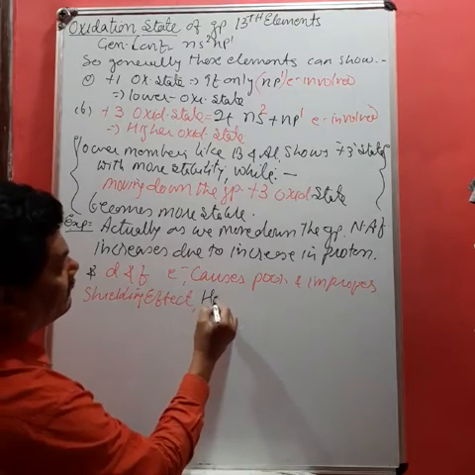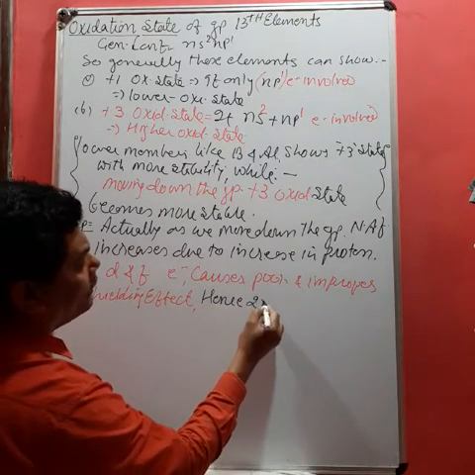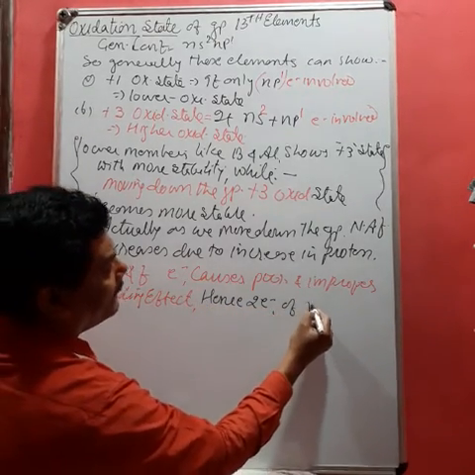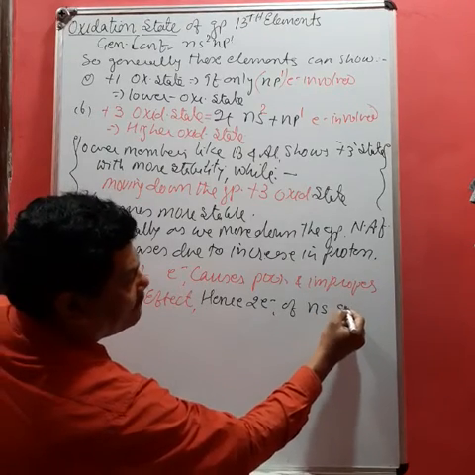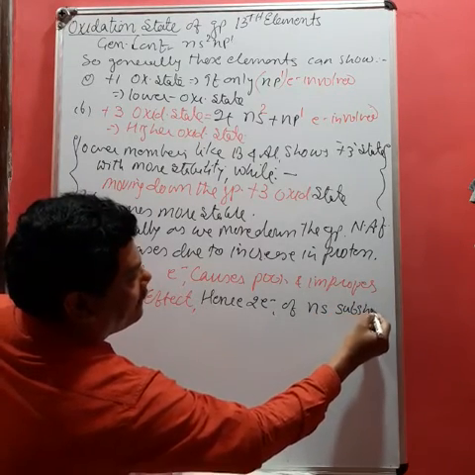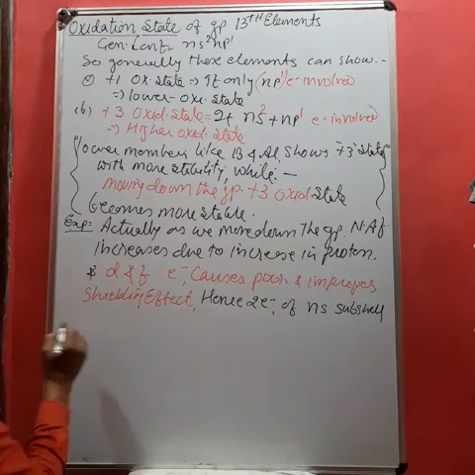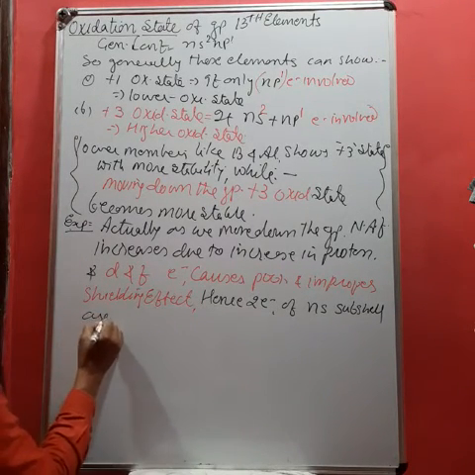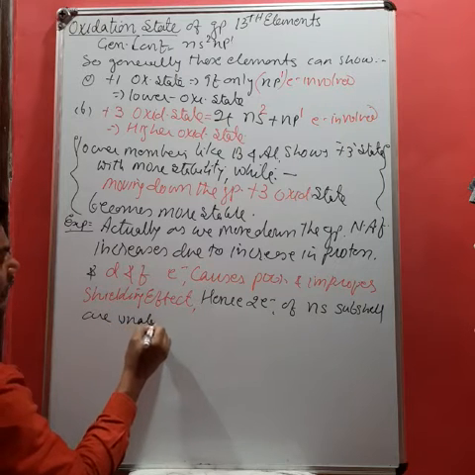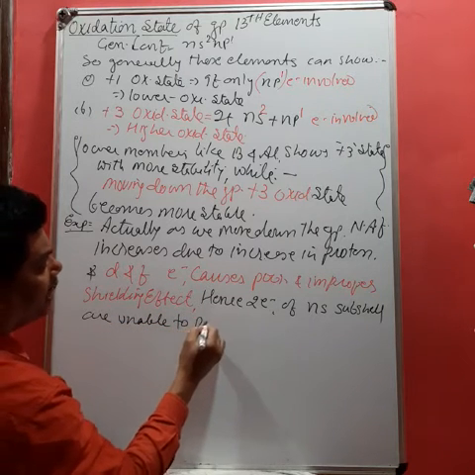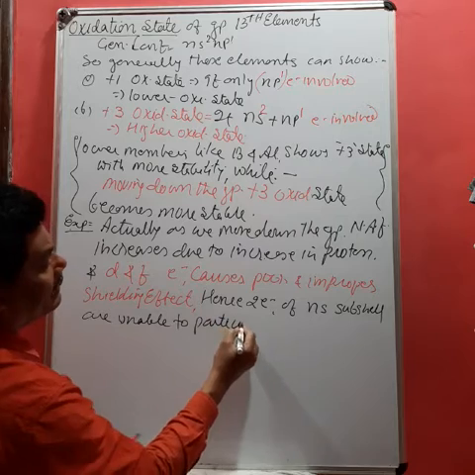Hence the 2 electrons of the ns subshell are unable to participate in bonding.